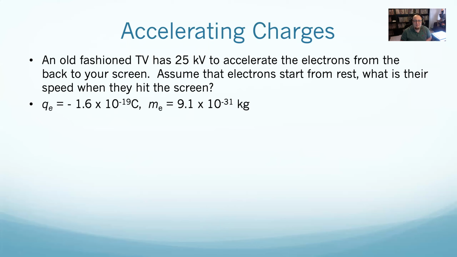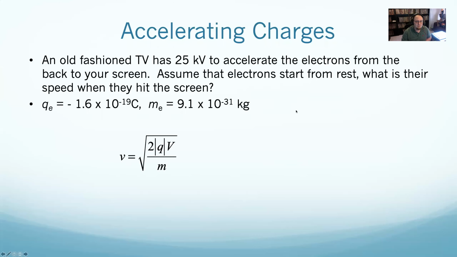A good TV would have about a 25 kilovolt voltage to accelerate electrons. Let's say they do that. There's the mass of an electron and the charge of an electron. If I put an electron in a 25 kilovolt potential, or voltage, same thing, we can say, what's the speed when they hit the screen?